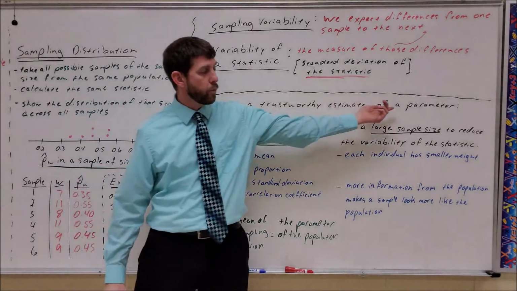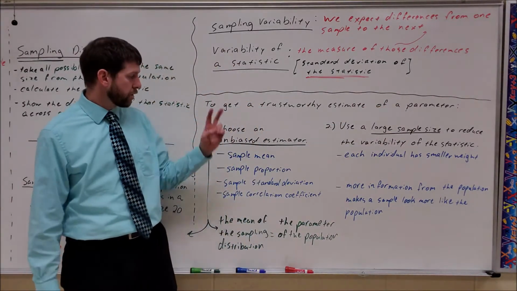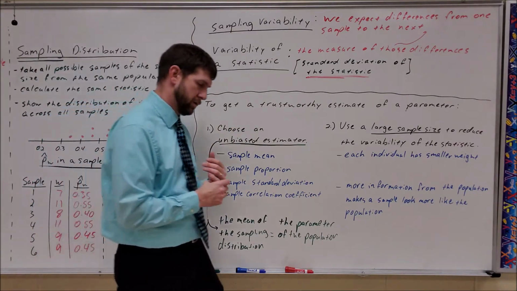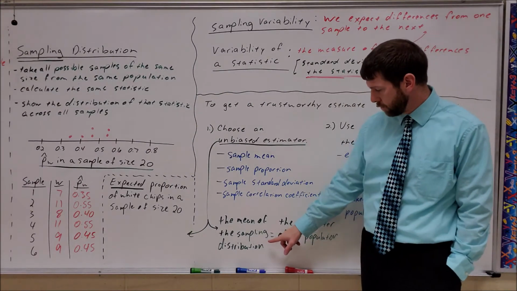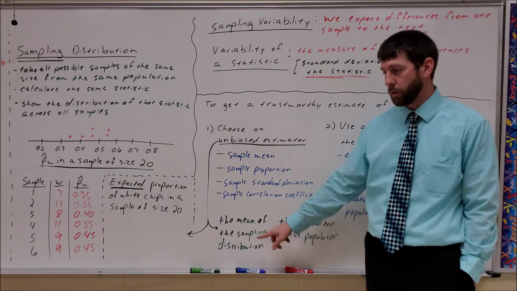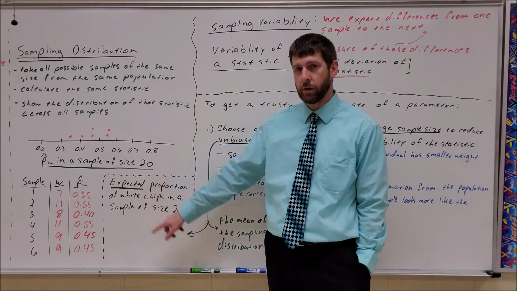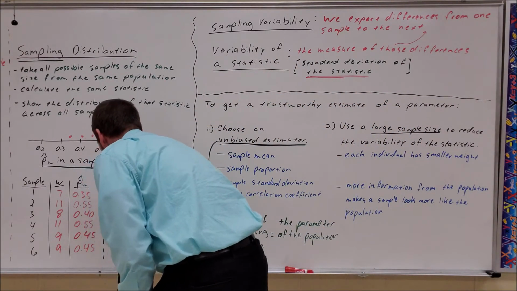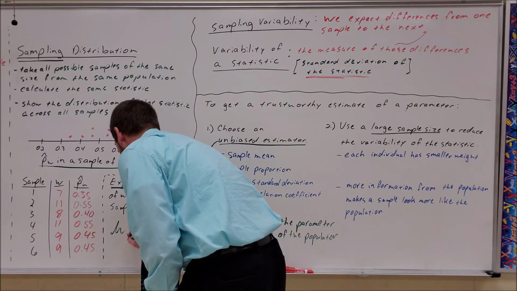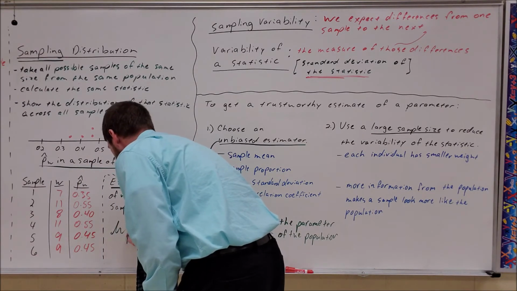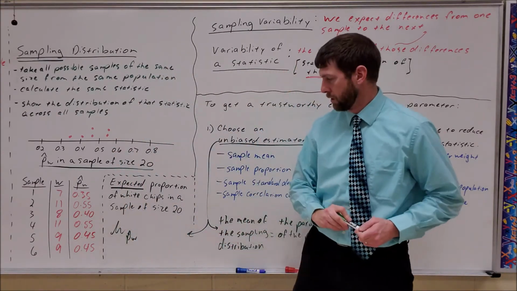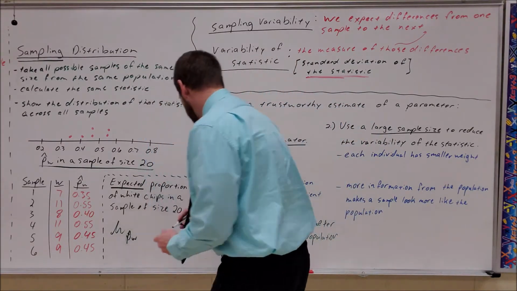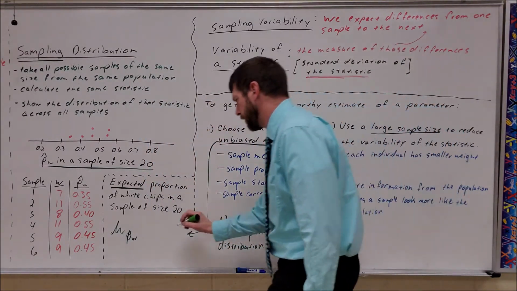So to get a good estimate of what's going on in the population, there are two things we can do. One, choose an unbiased estimator. What the heck does unbiased estimator mean? Well, an unbiased estimator is just one where the mean of the sampling distribution, or the expected value of the sampling distribution, so in our case, the mean of the sample proportion of white chips, so the average of all of these proportions together, needs to be equal to the parameter of the population.